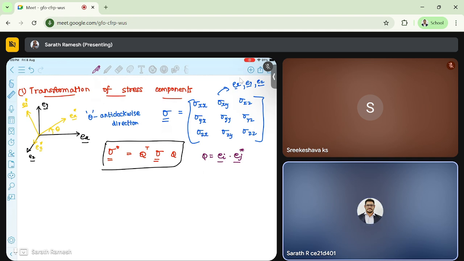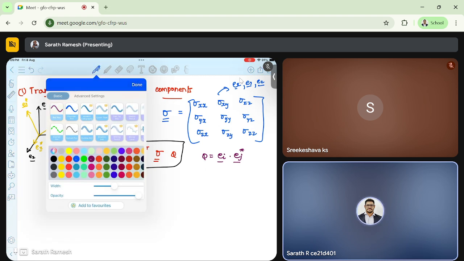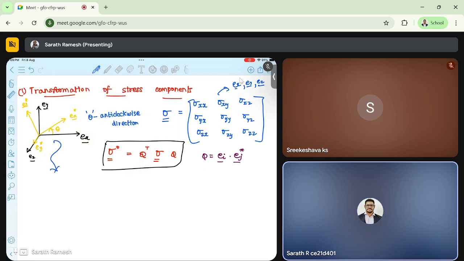Now, how to find Q? For this particular case that we have given, how to write Q? If we want to resolve Ex star in terms of Ex and Ey, how can we write?